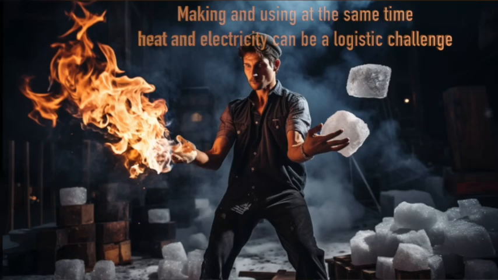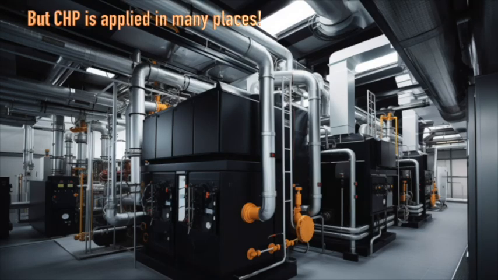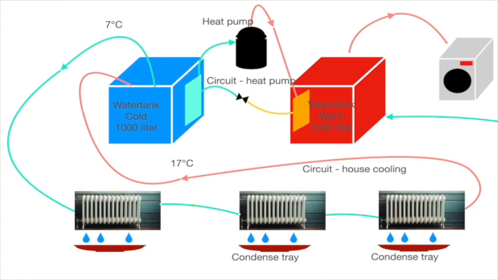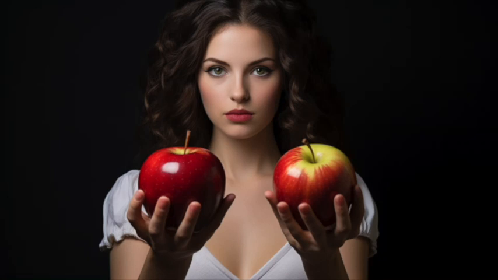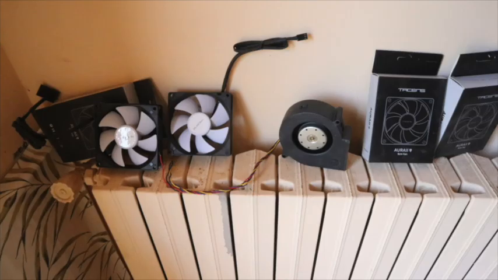Okay, it can be difficult to imagine that you can use both cold and warm water at the same time. That challenge is also present in the much applied concept of CHP, or combined heat and power. Maybe you know it. Therefore I will be very conservative and suppose you even don't use one of both. It's up to you to be smart and take 2 apples instead of 1. The reason that I work with such a high temperature is that I propose installation of fans on the radiators to get more cooling or heating.